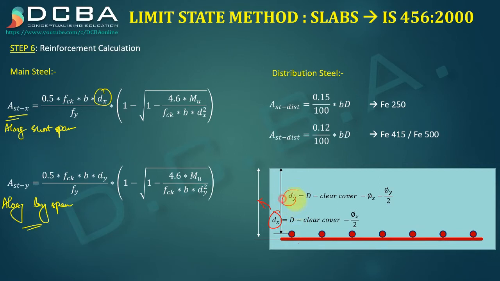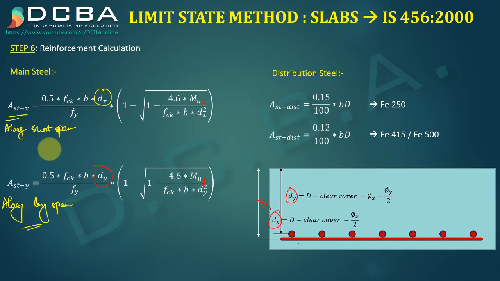So this is how you will have to calculate both dx and dy, and you will have to put them in these two equations. When finding Ast x, that is steel along the short span, you will have to use dx in both these places, and here also you will use Mu x. In Ast y you will have to use dy in both these places, and then find steel along the short span and along the long span.